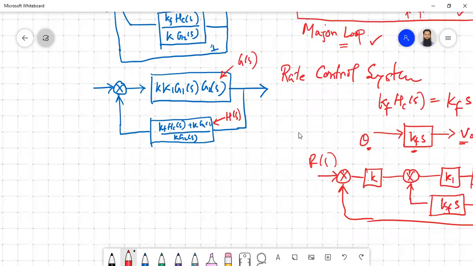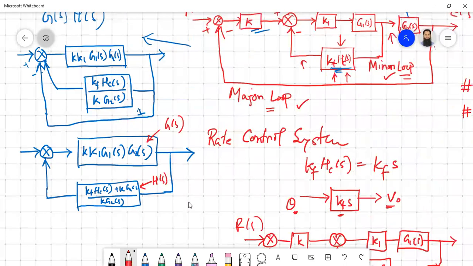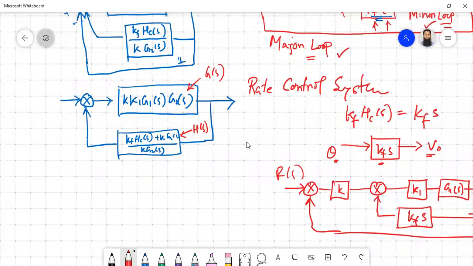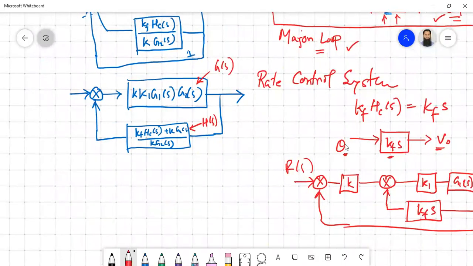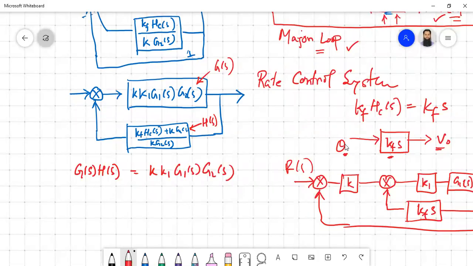So previously, if there was no feedback, it was simply a unity feedback. So without feedback, our G of S, H of S should have been something like this: K, K1, G1S, G2S. Okay, but this is without feedback. Now, because of the feedback, what is our G of S, H of S?